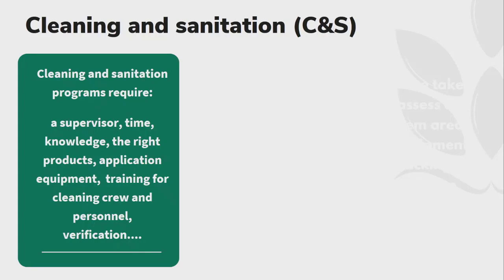Whether you have been doing cleaning and sanitation for a long time and you have a well-established program, or you are just a beginner in that world, we focus on training, we focus on getting the equipment, getting the right products, getting all the cleaning tools, setting up, we now have to pay more for those shifts where our cleaning crews are working. And we get caught up in all that.